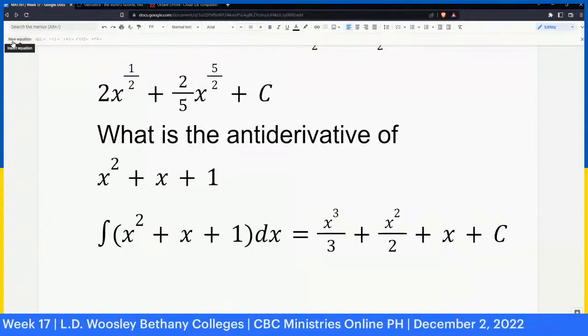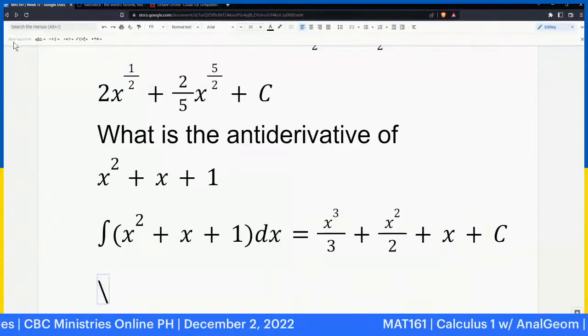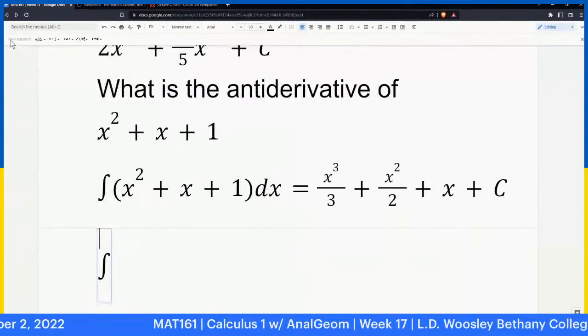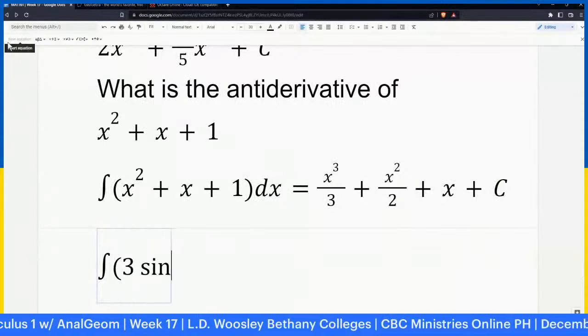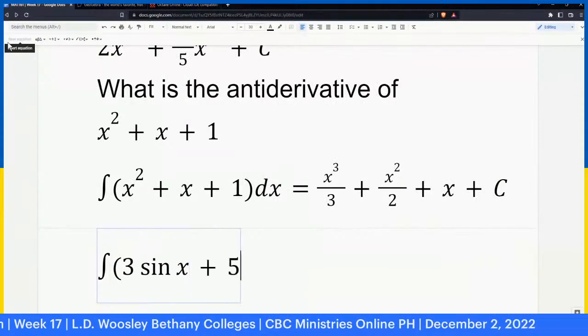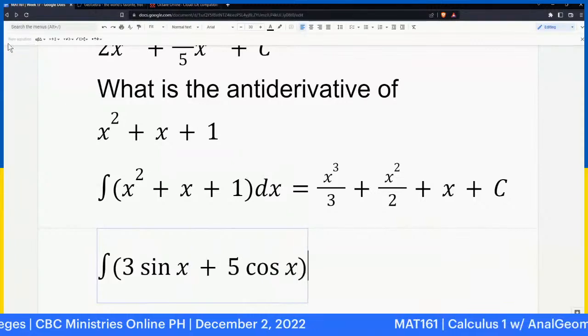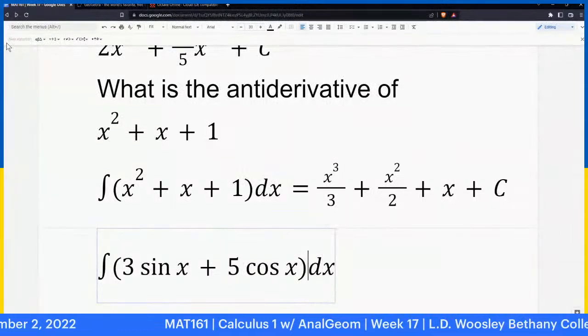Okay, this time, trigo function naman. Okay, just give me your answer, Banji.